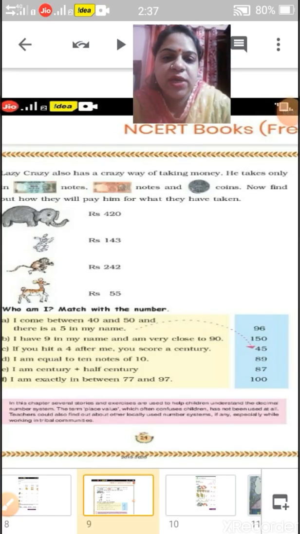Now for 420, they were taking 100 notes, they were taking 4.